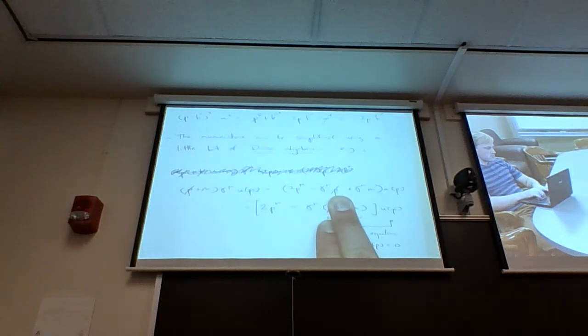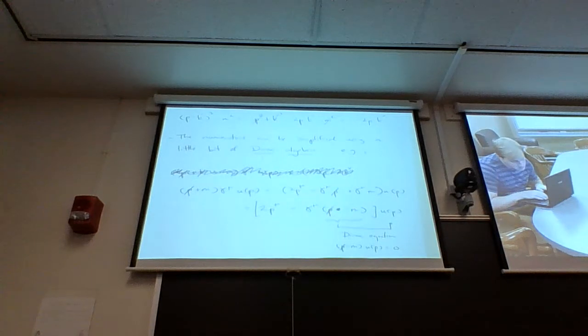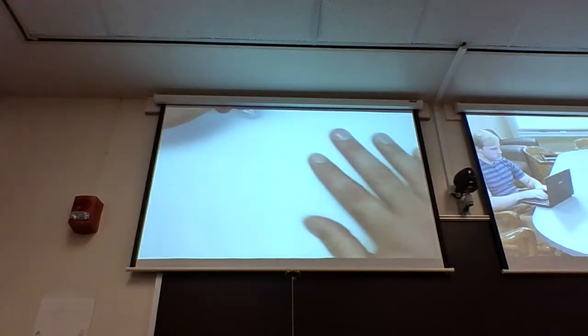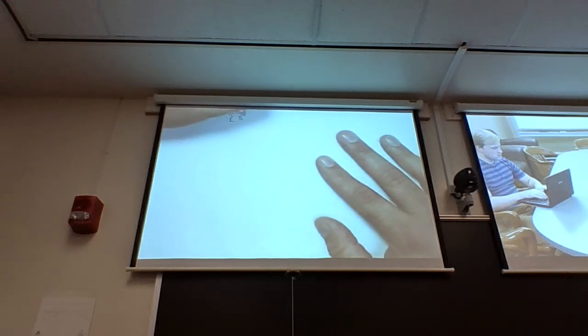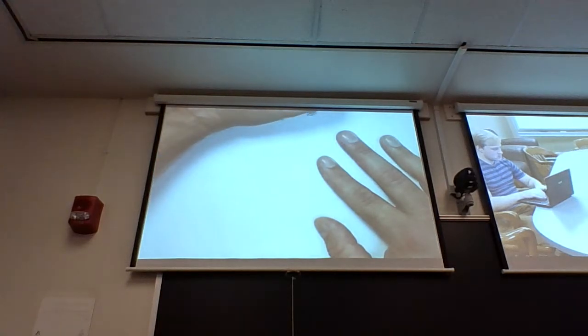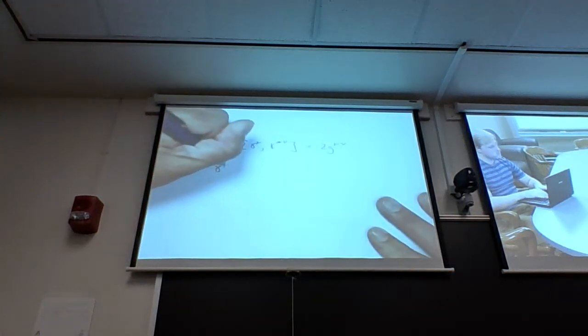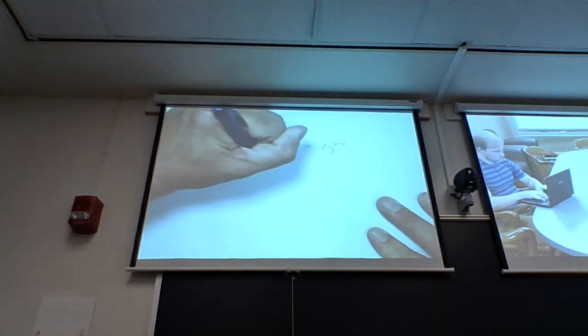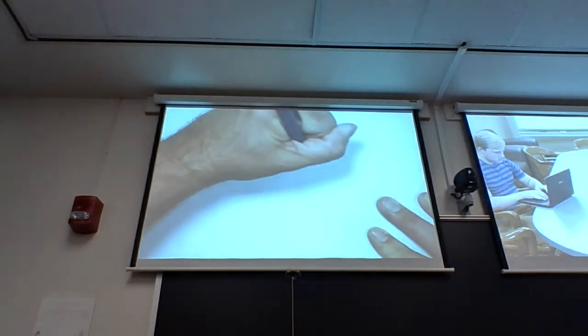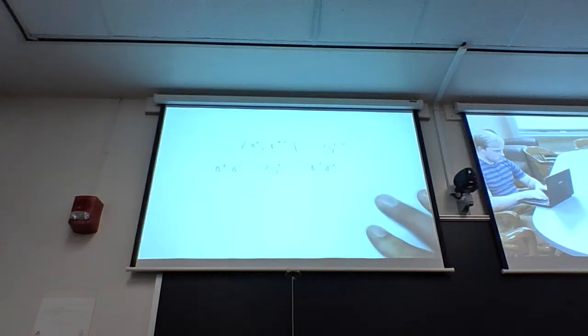I'm using gamma mu gamma nu plus gamma nu gamma mu equals 2g mu nu. Can you see what I'm doing? So gamma nu p slash is 2g mu nu minus p slash gamma nu.